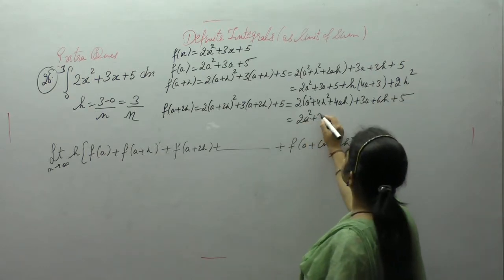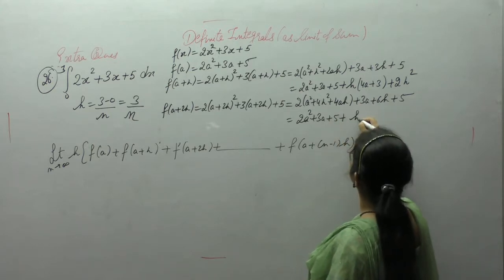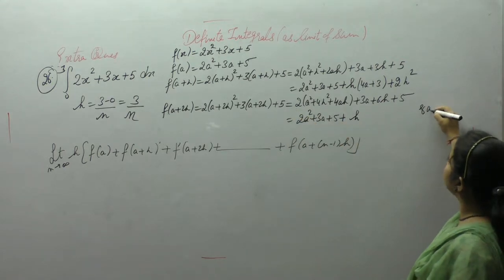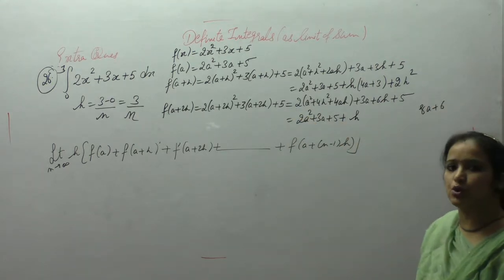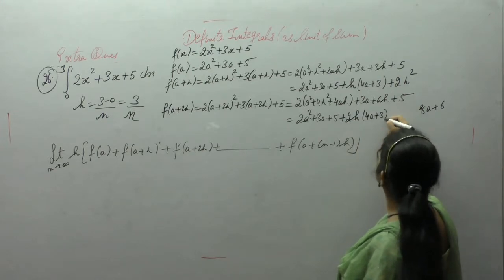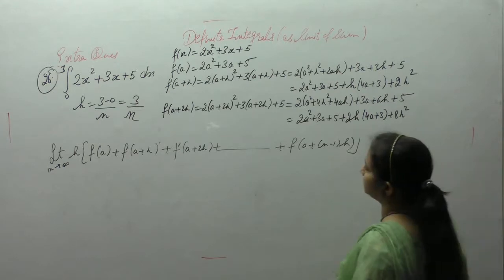So 2a square plus 3a plus 5, terms of h: 4 into 2, 8a plus 6, take 2 common, that is 4a plus 3, and 4 into 2, 8h square.